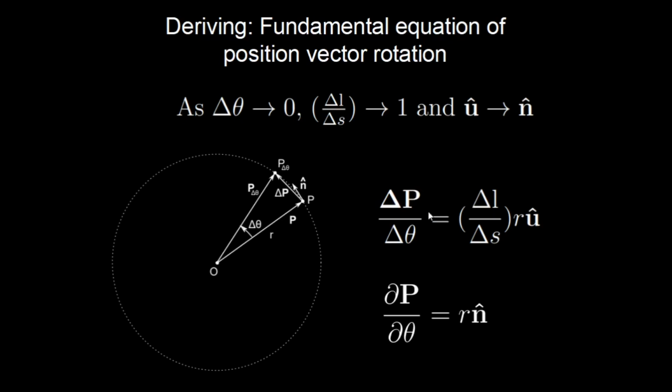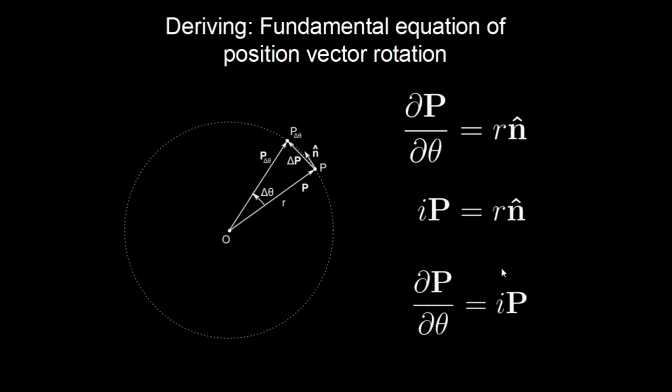Taking the limit of this equation for the derivative with respect to theta, this term becomes this, and this term becomes 1. U hat becomes n hat. So the result is this equation. We just obtained this equation by the definition of orthogonal rotation factor I. Multiplying I to vector bold P makes it rotate by angle half pi with the vector's magnitude unchanged.